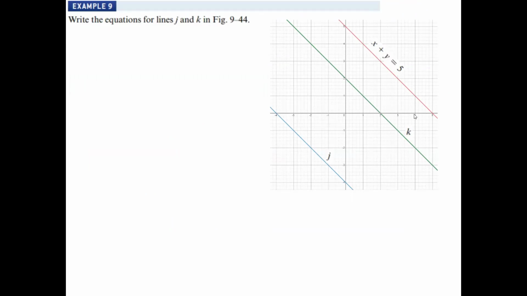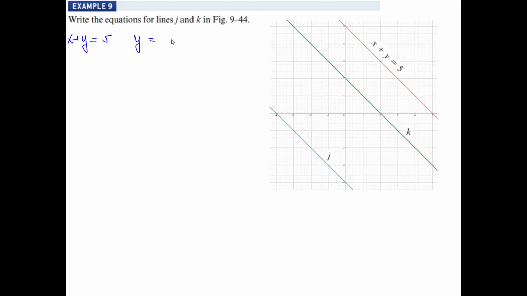Now let's see, what is it? 5 and 5. So run and rise 5. So slope is what? 1, right? 1, but minus 1 because this thing is declining. Now here, 2 and 2, slope is minus 1. 4 and 4, minus 1. So what I should do, well, x plus y equals 5.